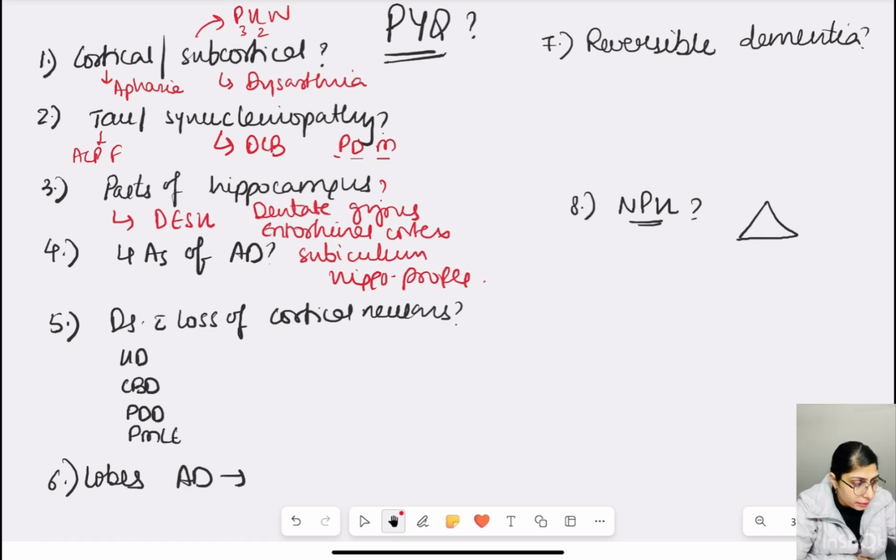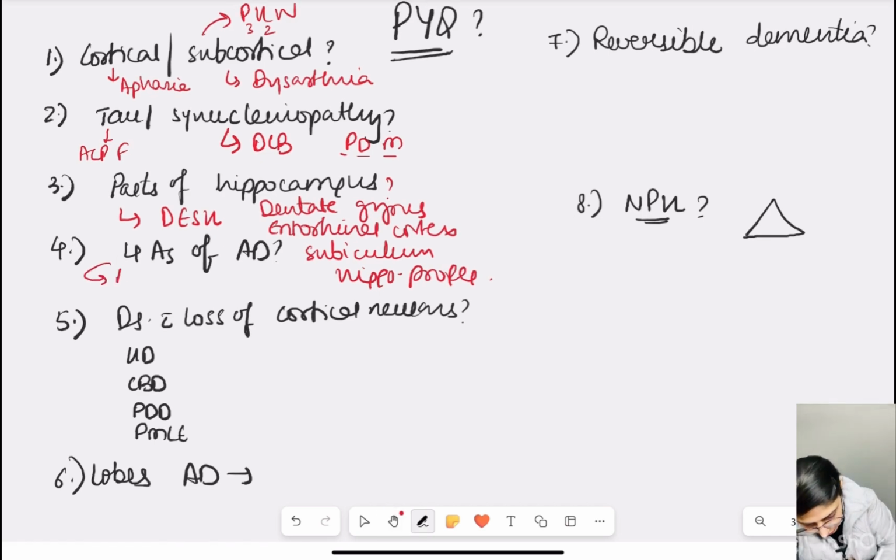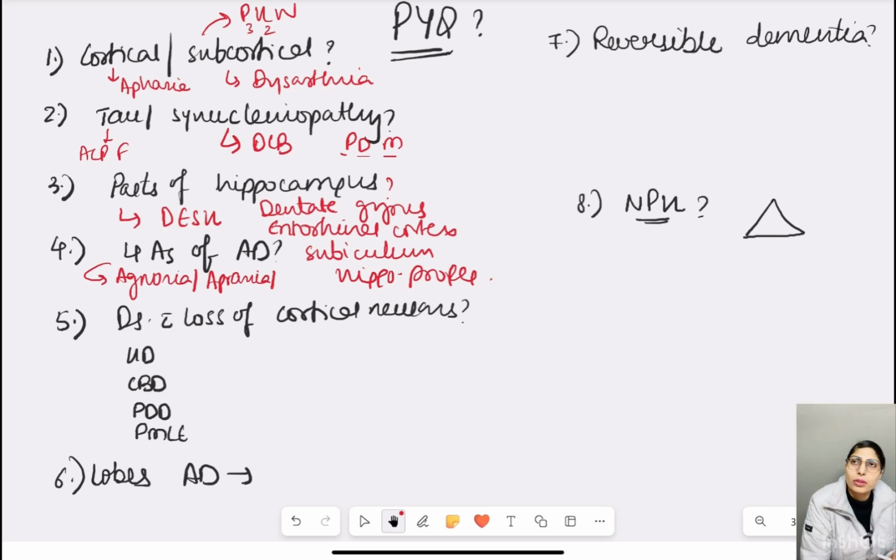Now, what are the 4 A's of AD? So we should know this: agnosia, apraxia, aphasia and amnesia. Acalculia is not a part of Alzheimer's. That is one of the questions that I read in your papers. Is acalculia a part of Alzheimer's?